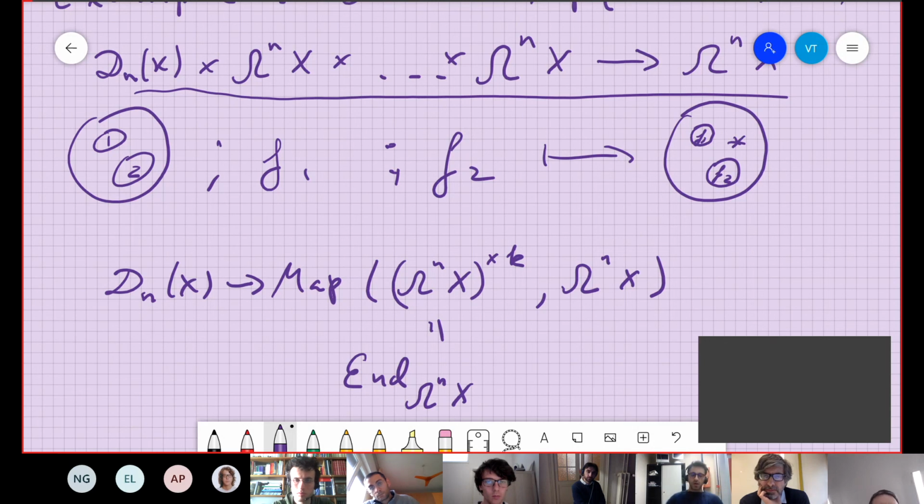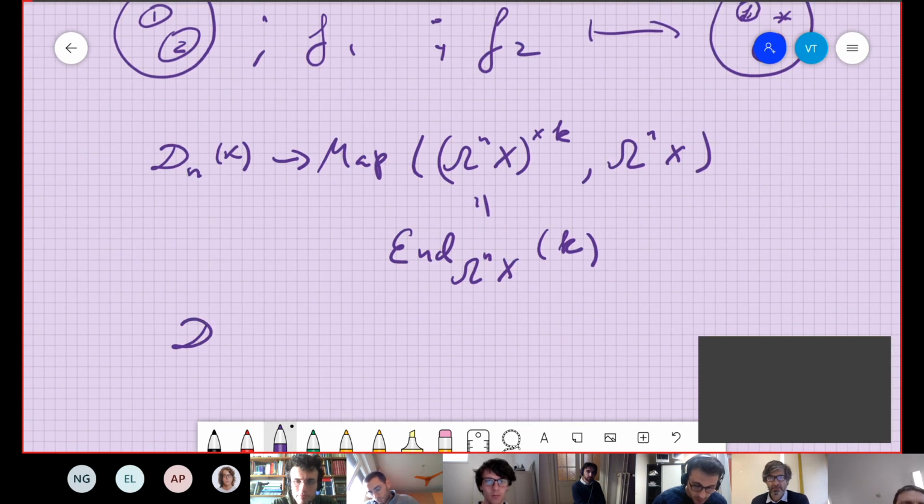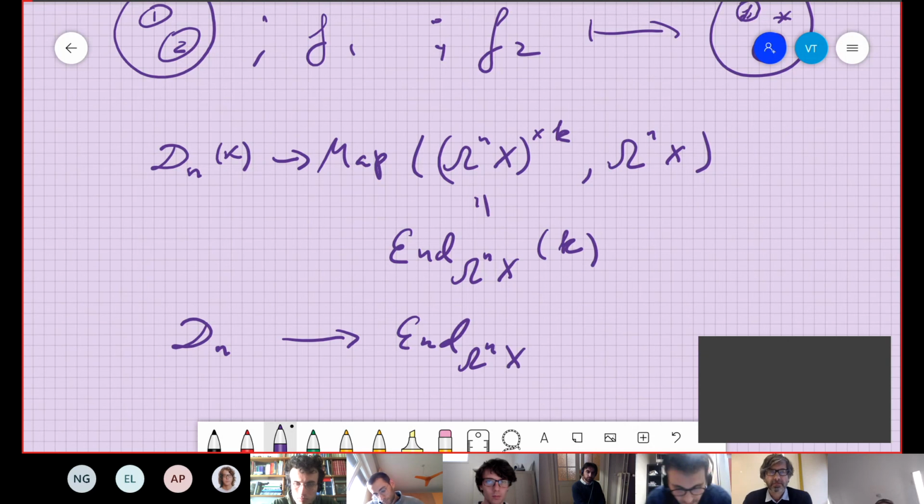So, sorry guys, I made a mistake here, it's just Dn. So as a result we get a morphism of operads from Dn to the endomorphism operad of the space omega n of x.